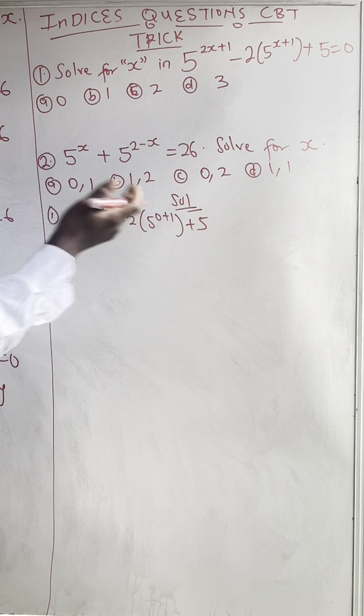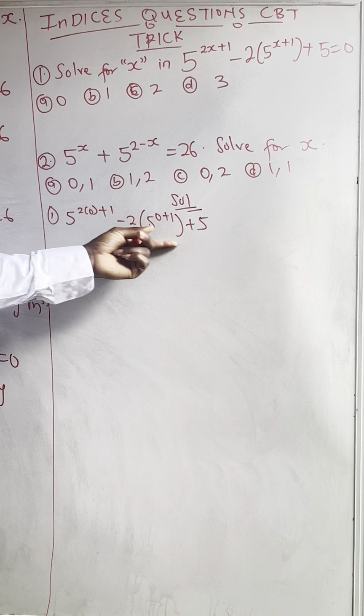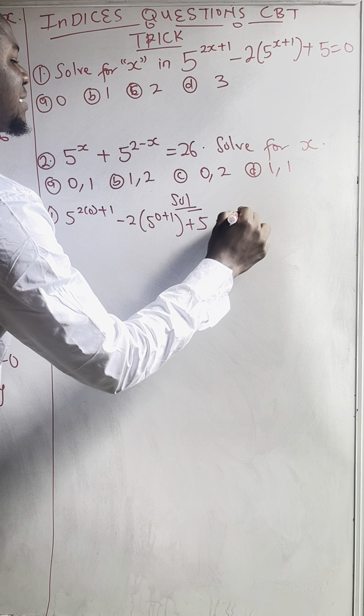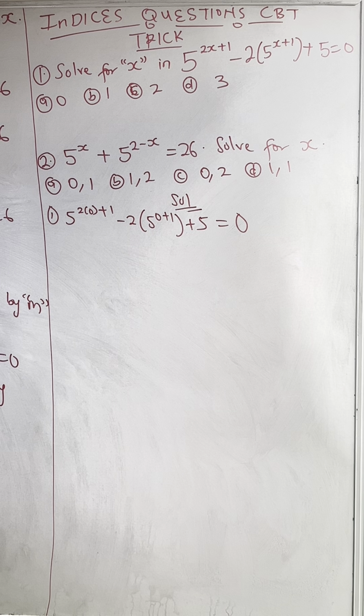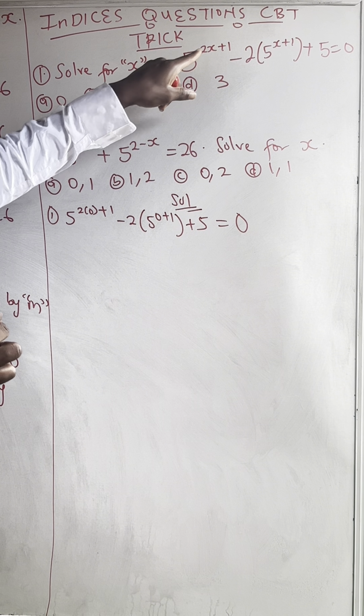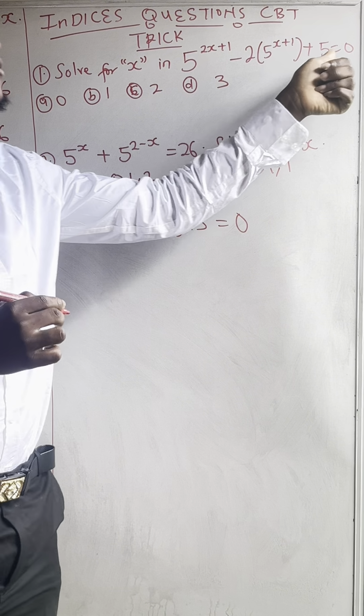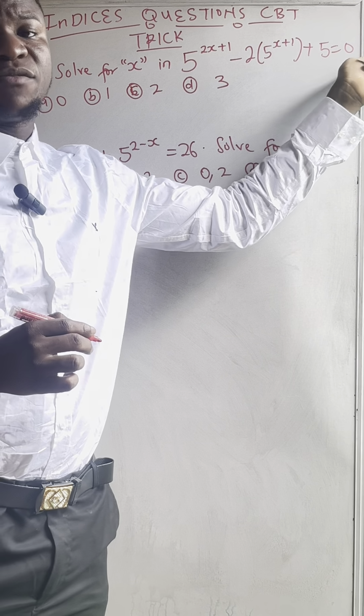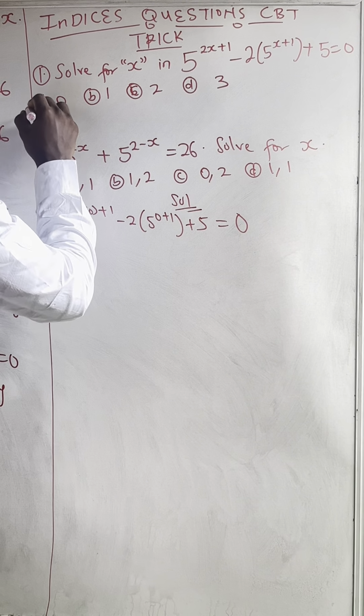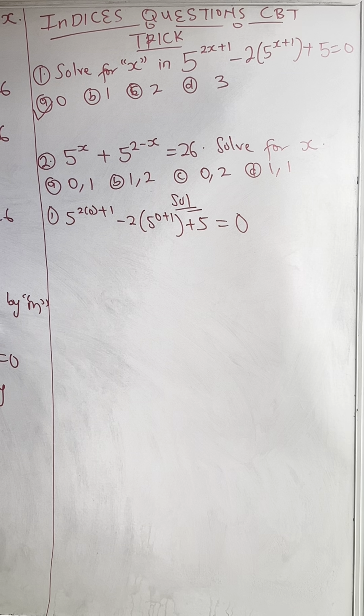So let me add everything together. You will see that if I add everything together, it's going to give me what? 0. So since after I represent my x as this option A, I add everything together and it gives me the value on the right hand side of the equation, that simply means that option A is correct.